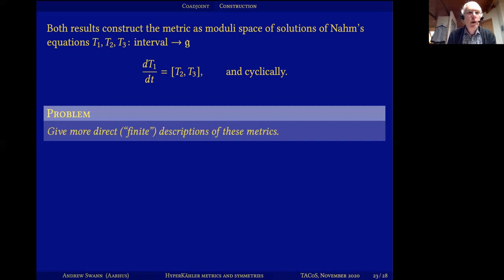But in many ways, this is a very abstract construction. It's not always clear what metrics you're going to get. So a nice general problem is to give some more direct and finite descriptions of these metrics. What I mean by this varies a bit from situation to situation.